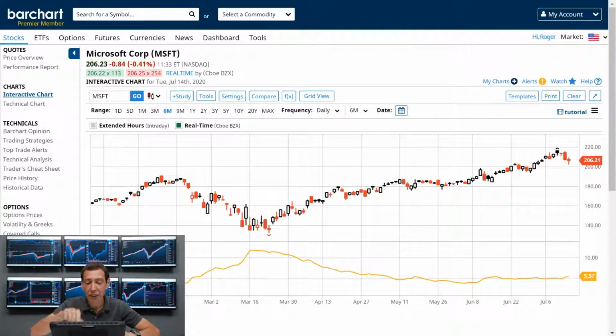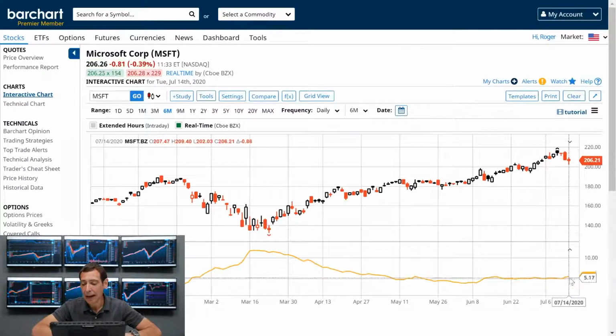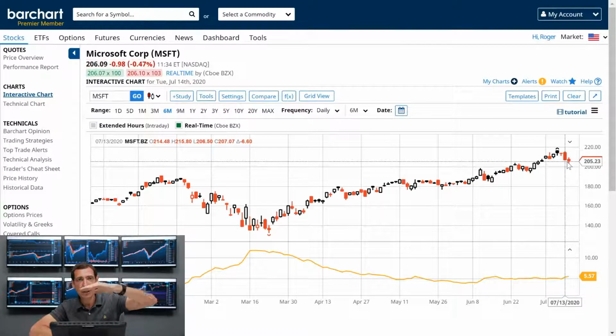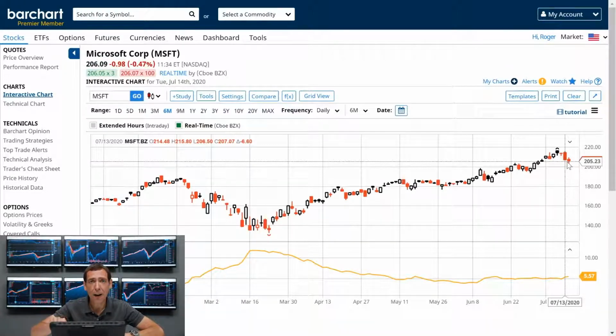Now, how else can you use the ATR? There's another way. You could use it for stop loss placement. Because this is now telling us what our average volatility is, what I like to do is double it. If the average range is $5, we want to be outside of that range by about $5. So you're using the asset's own volatility to tell us where to put the stop.